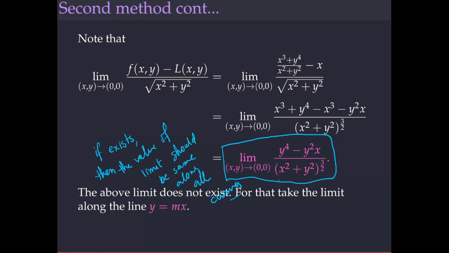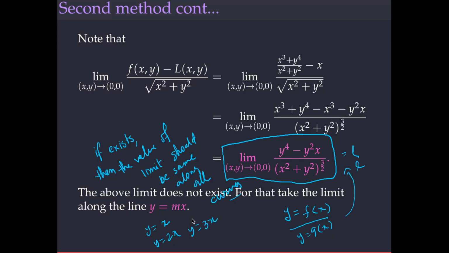It means that if I take y equal to some curve f(x), and the limit value is L, then if I take y equal to g(x), the limit value should also be L. So now I am taking the curve y equals mx. So y equals x, y equals 2x, y equals 3x.